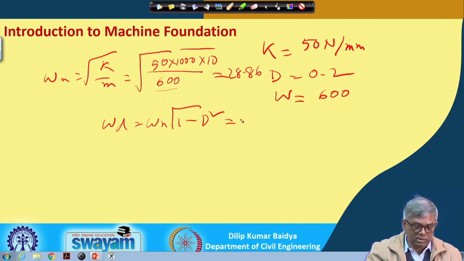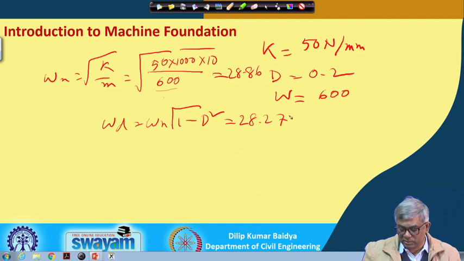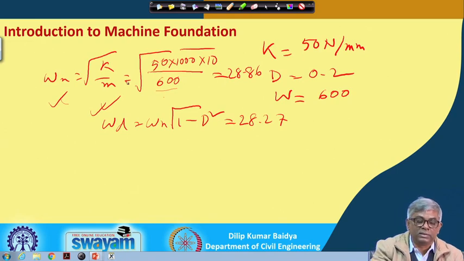So, that becomes this multiplied by 28.86. So, it becomes 28.27. This is what was asked: natural frequency, damped natural frequency, and also it is asked to find out the ratio of successive peak. Okay.